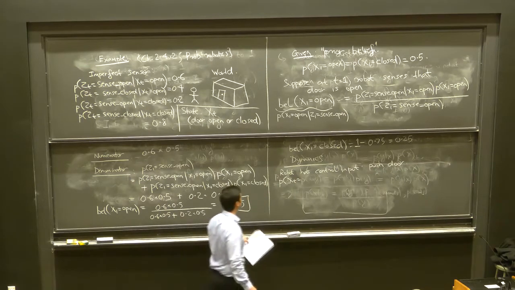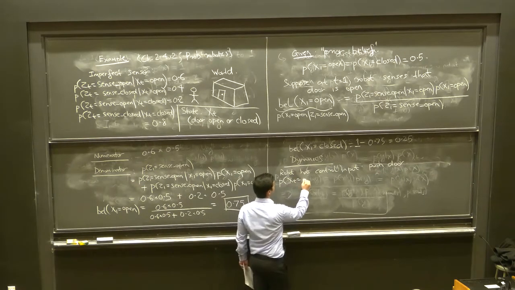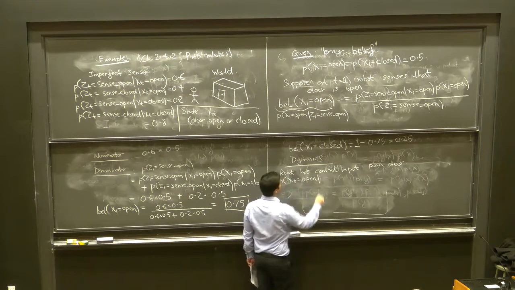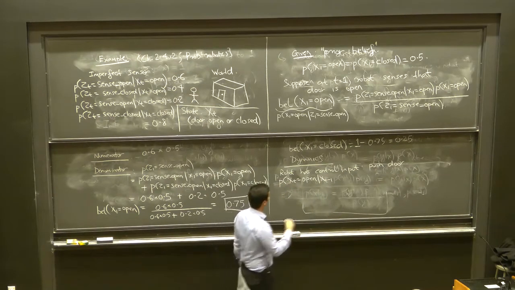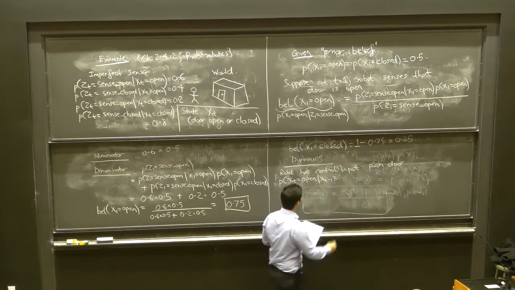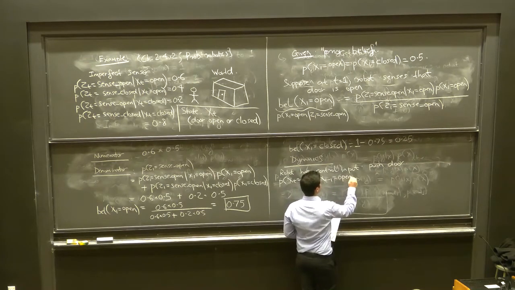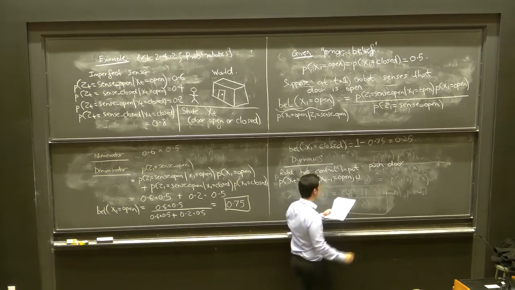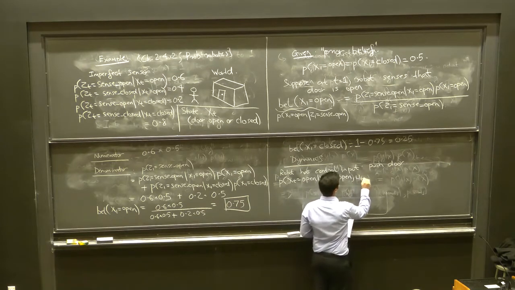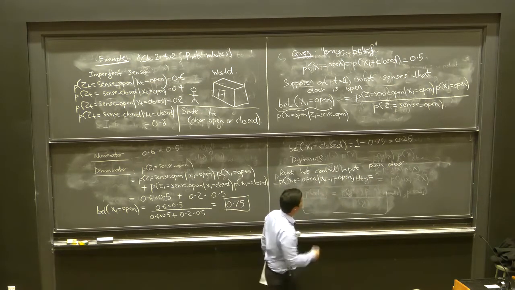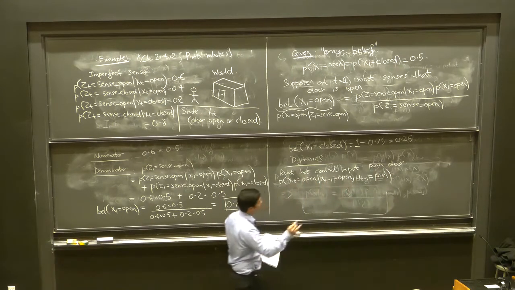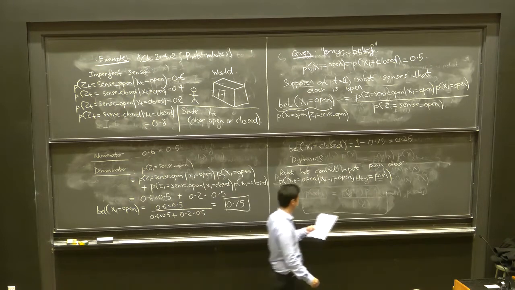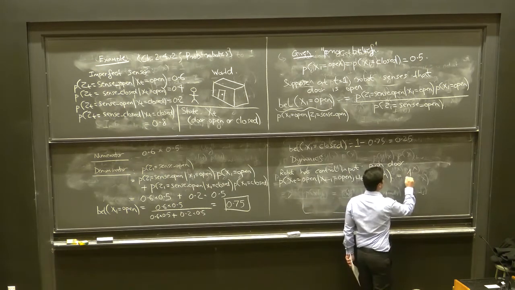So the probability that at time step t, the door is open, given that at time step t minus 1, so the previous time step, the door is open, and the control input that the robot applied at the previous time step is equal to push the door, that's the only action we're considering right now, is equal to 1.